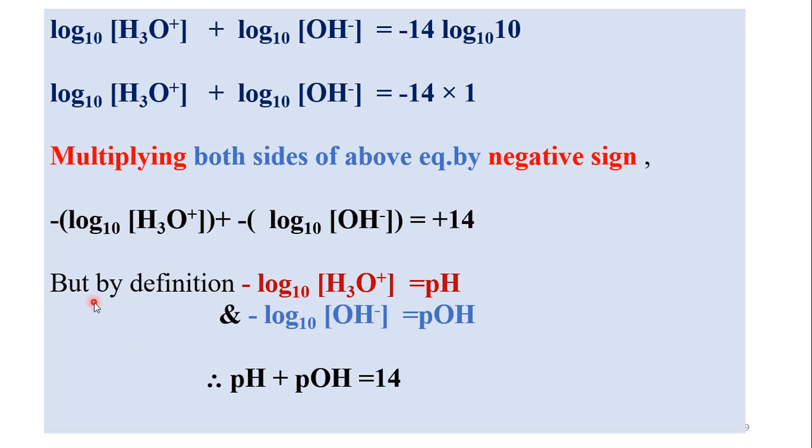And you know that by definition minus log to the base 10 of hydronium ion is equal to pH, and minus log to the base 10 of hydroxyl ion concentration is equal to pOH. So if you substitute this value in this equation, you will get what? pH plus pOH is equal to 14. So using this equation you can calculate pH as well as pOH of the solution.